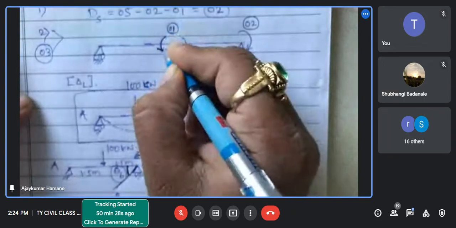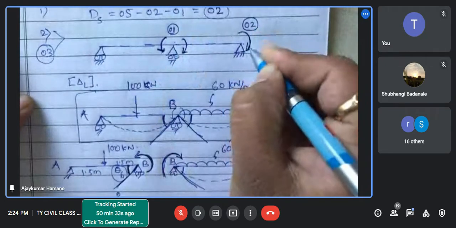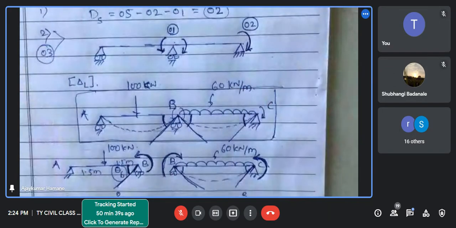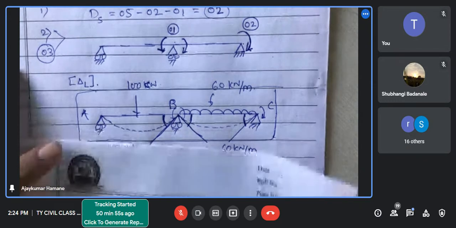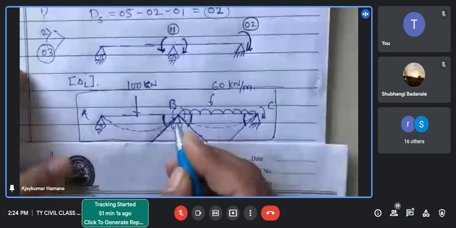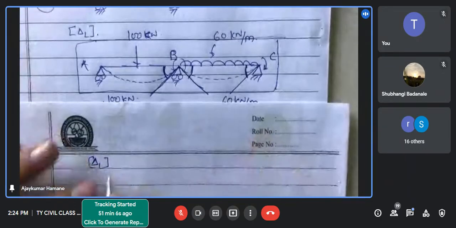Here anti-clockwise, here clockwise, here clockwise. Now what do we have to find out? The displacement at the coordinate due to the external loading, correct?